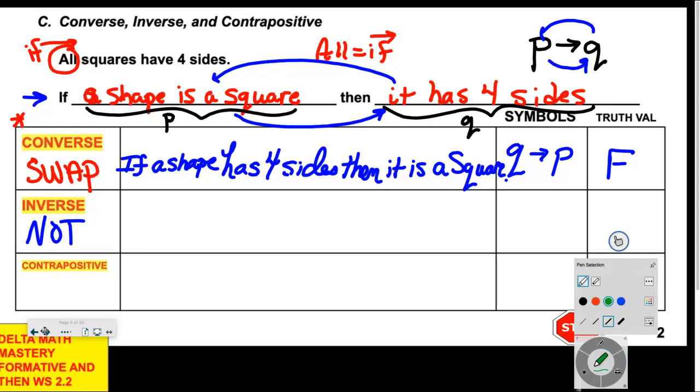We don't swap anything, so I'm not going to run along these arrows. We just insert the word not on both sides. So I go back to the original and I say if a shape or polygon or whatever is not a square.